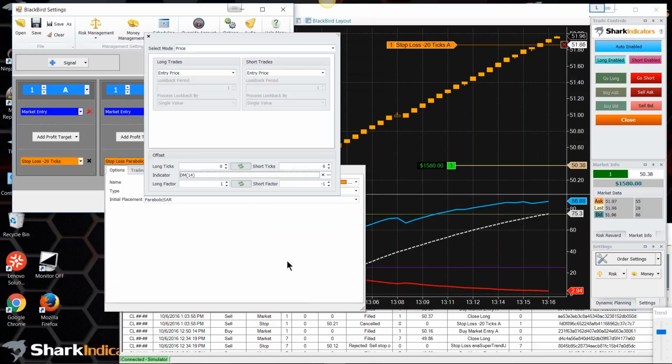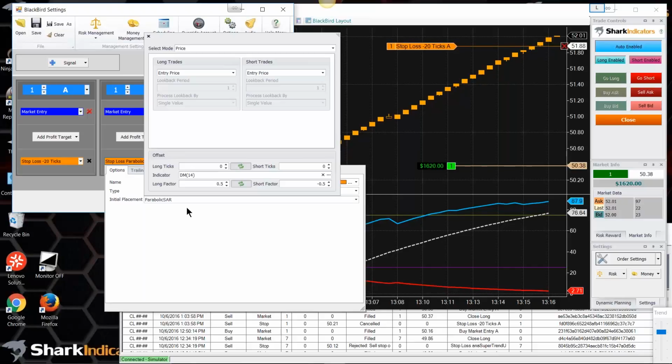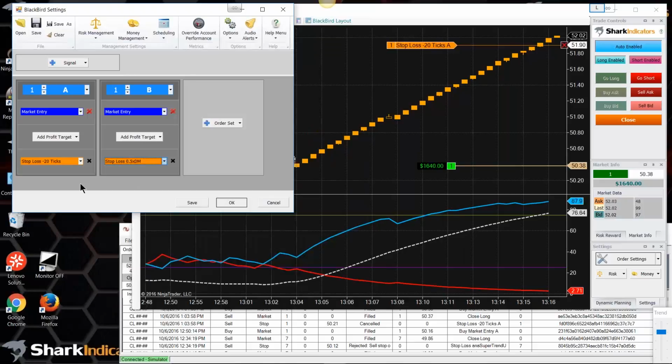So something like this, but I'm not sure what kind of multiplier factor you'd want to use. You'd have to figure that out. Maybe something like 0.5. I'm not sure what that would do. It still might create a crazy offset price.